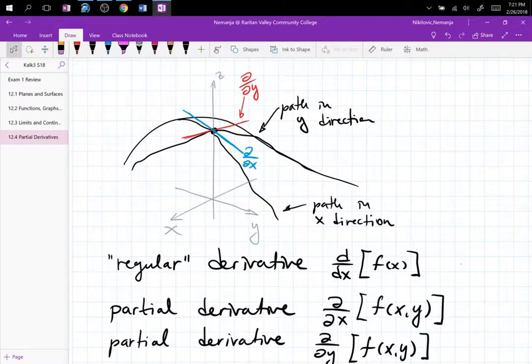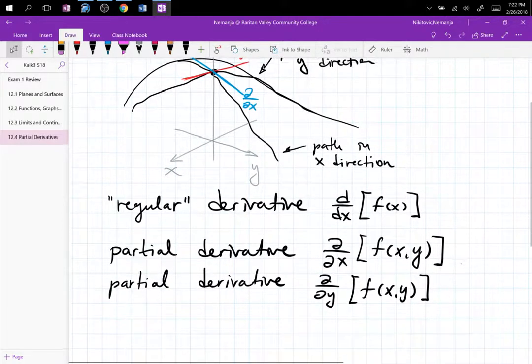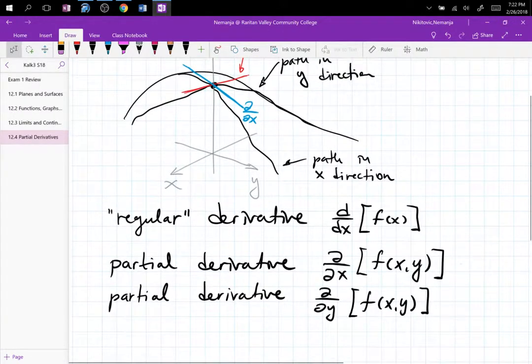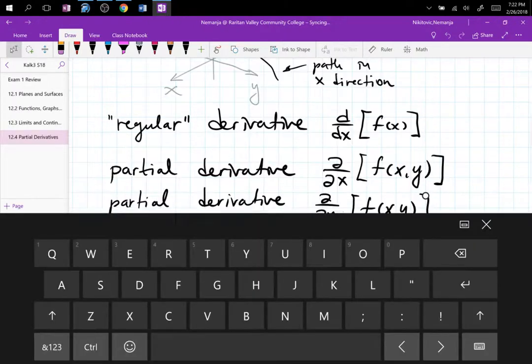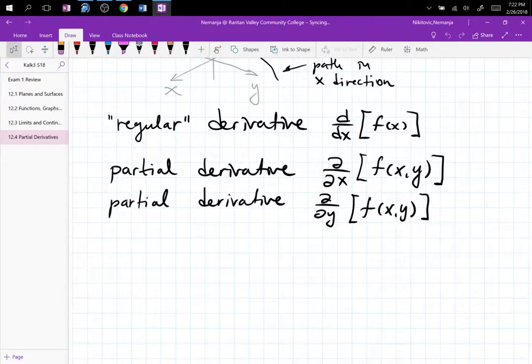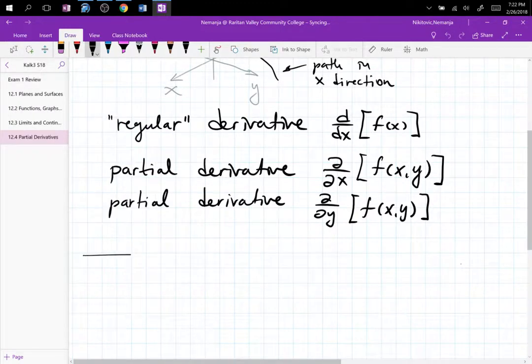So for the red one, x stays fixed, y and z are changing. For the blue one, y stays fixed, x and z are changing. And again, the derivatives measure the instantaneous change at the point. So you are still looking at the same rules from Calculus 1.